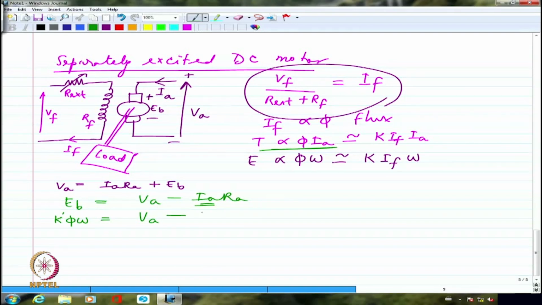So let me write this as electromagnetic torque divided by K phi multiplied by RA.